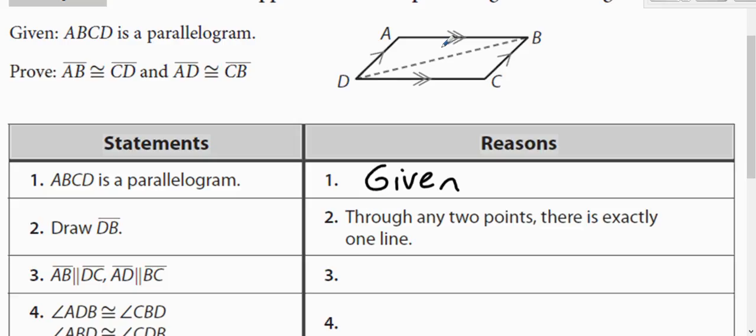So AB is parallel to DC, and AD is parallel to BC. We know that because this shape is a parallelogram, and the definition of a parallelogram is that it has opposite sides that are parallel. So, definition of parallelogram.